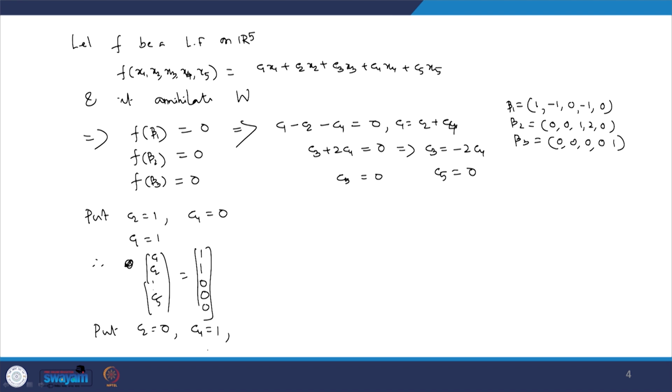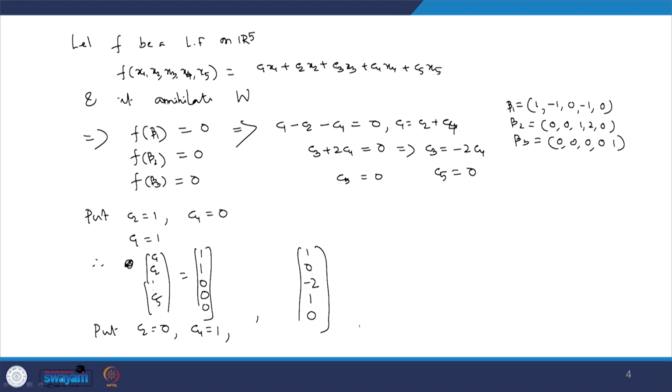If I do like this, C1 equal to 1, C2 equal to 0, C3 is equal to minus 2, C4 equal to 1, and C5 equal to 0.